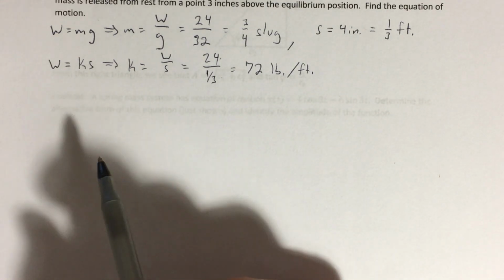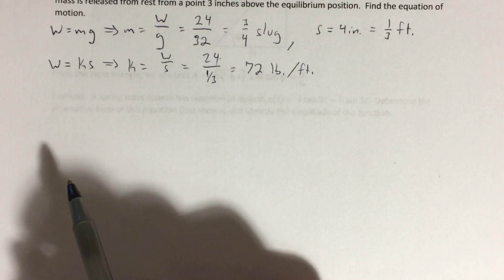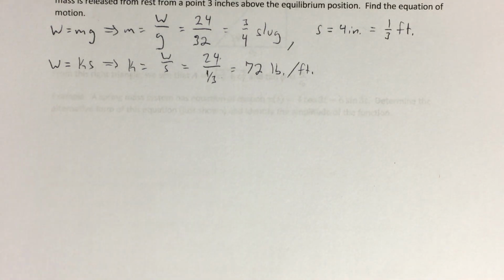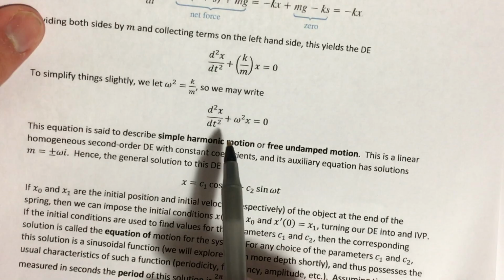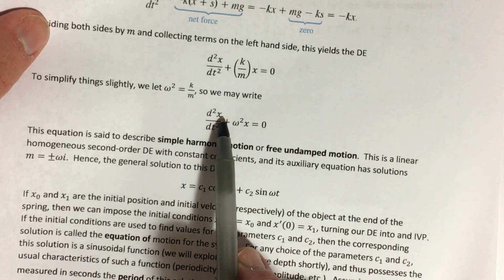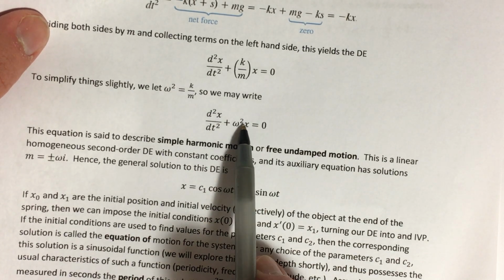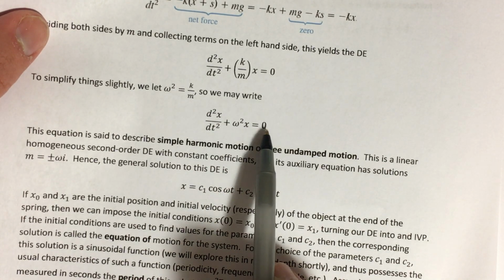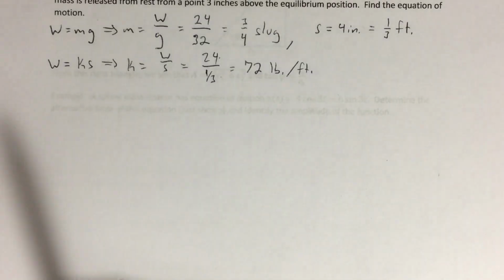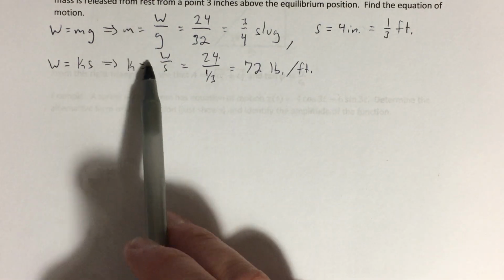Now we have enough information to put together our equation of motion. If you'll recall what we derived before, our equation of motion is this: the second derivative of x with respect to t plus omega squared x equals 0, and omega squared is equal to k over m. That's why we found m and k here.